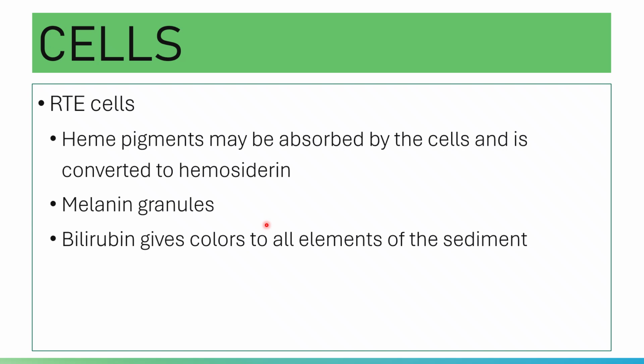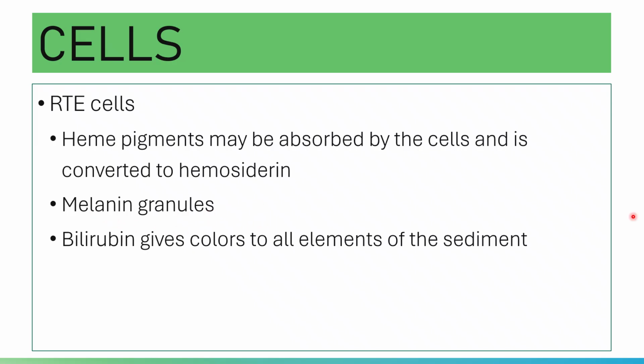As for clinical significance, melanin granules in desquamated renal tubular epithelial cells are seen in cases of melanoma metastasis to the bladder.